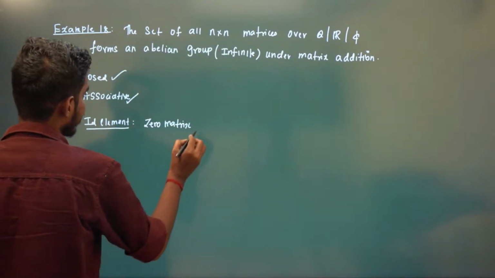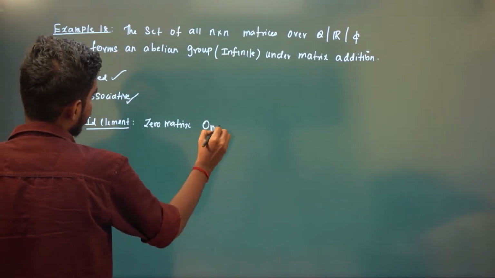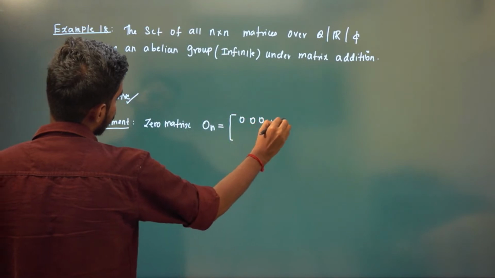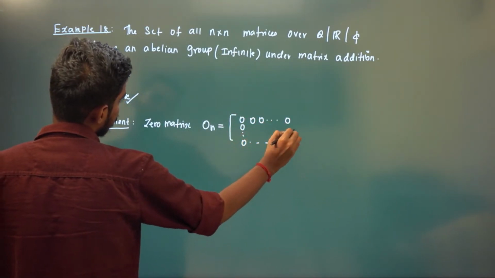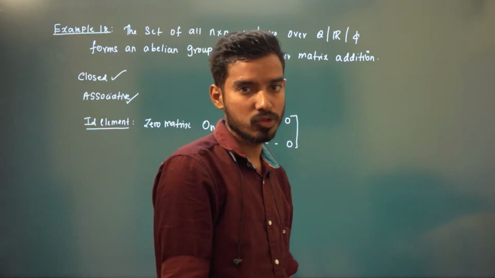So the zero matrix of order n is the identity element for this group, right?